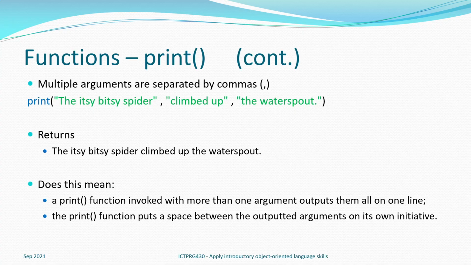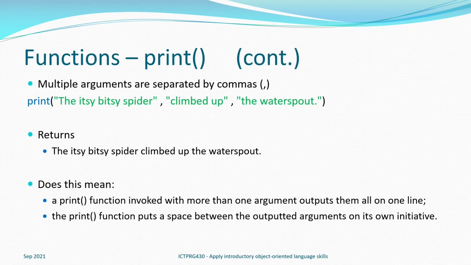It does it automatically, and it also puts a space by default between the arguments. So you can see here the output is quite a readable sentence, because if we did the same thing in C#, for example, these two, the spider client, would be added directly together. A nicer way of implementing it, I'll just say that.